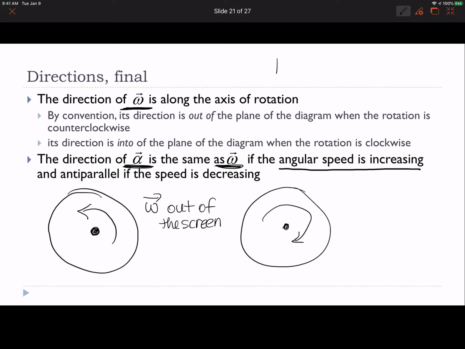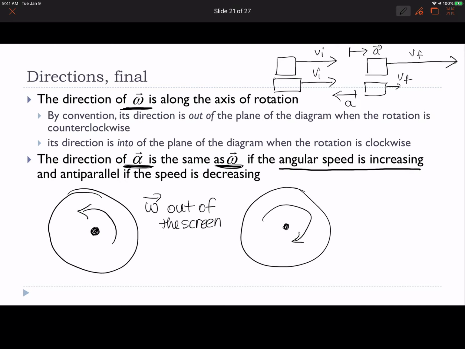So this is similar to translational motion, where if you have an object and it is speeding up, then the acceleration is in the same direction as the motion, and if instead it is slowing down, then the acceleration vector is in the opposite direction, right? So this is v initial and v final. And so it's the same thing here in terms of rotational motion.